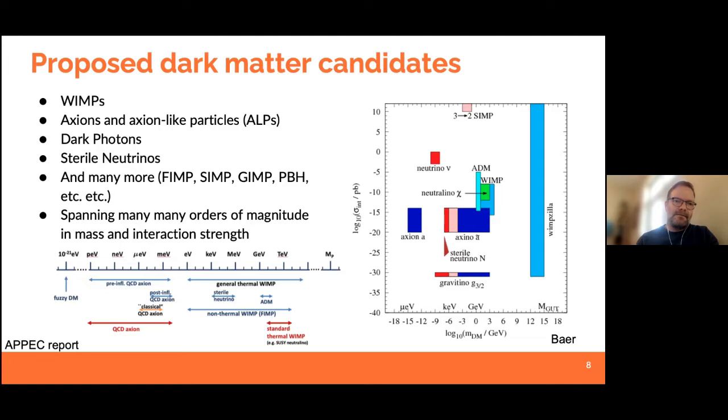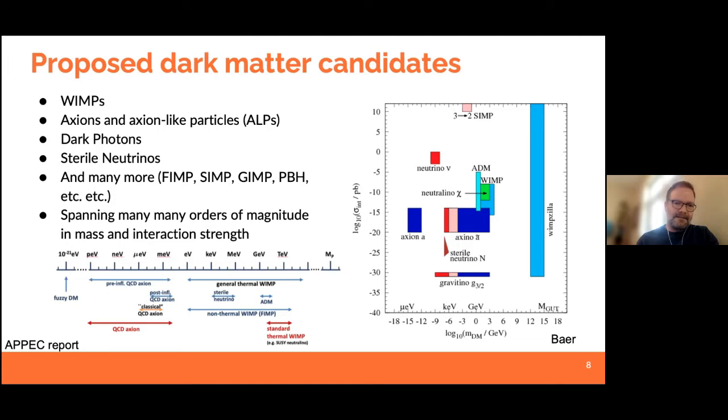Another popular option would be axions or axion-like particles. Then there are extensions to the standard model that predict a whole rich dark sector where dark photons could play the role of dark matter. Other suggestions are sterile neutrinos, and there are many, many more.